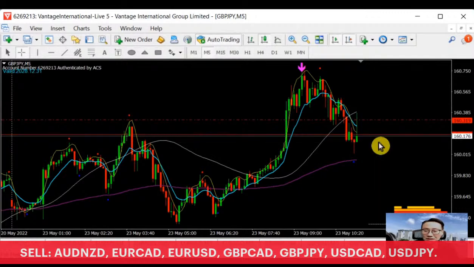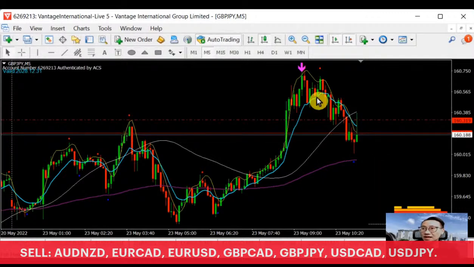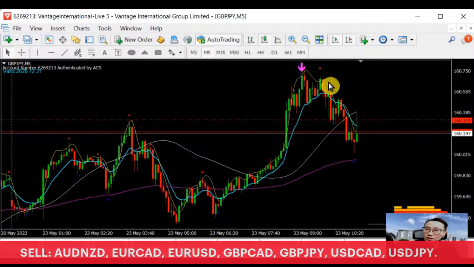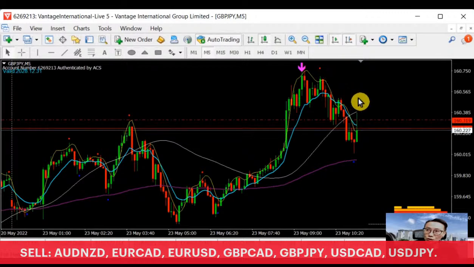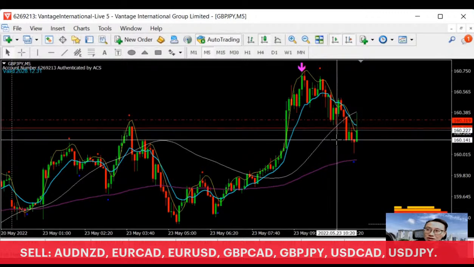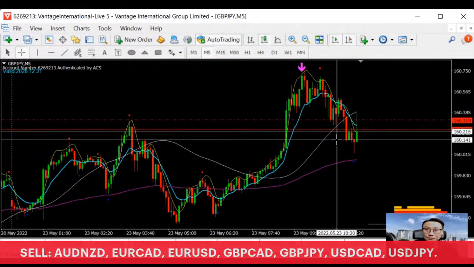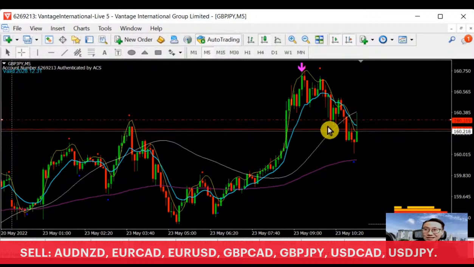So you are correct. However, as you can see in M5 right now, it's going on a trending form. Lower resistance, lower resistance, lower resistance. So the current support that you are talking about is 160.134. This is a support level which can be a resistance later on, just like this one, as I drew this line here.